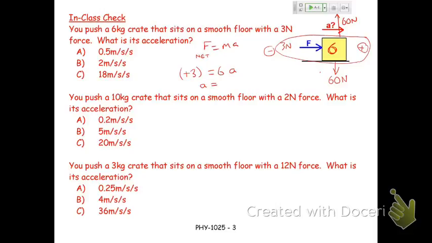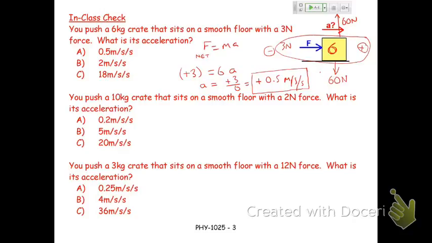So my acceleration is equal to plus 3 over 6, which equals plus 0.5. And the units are meters per second, every second. So you can say meters per second per second, or meters per second squared. I'm just being careful to visualize, because later on things will get more complicated, and I need to pick the right force for the right direction.